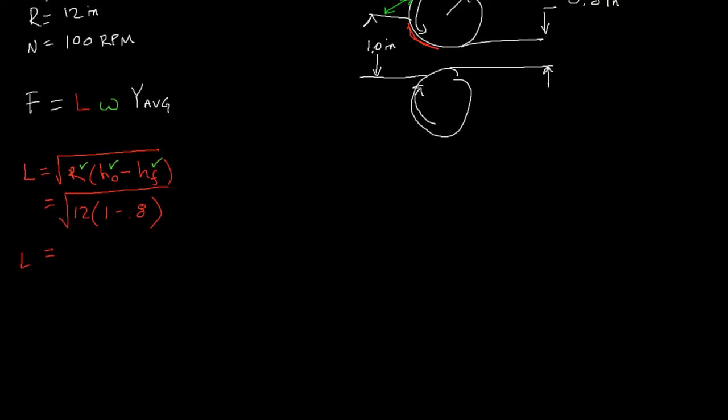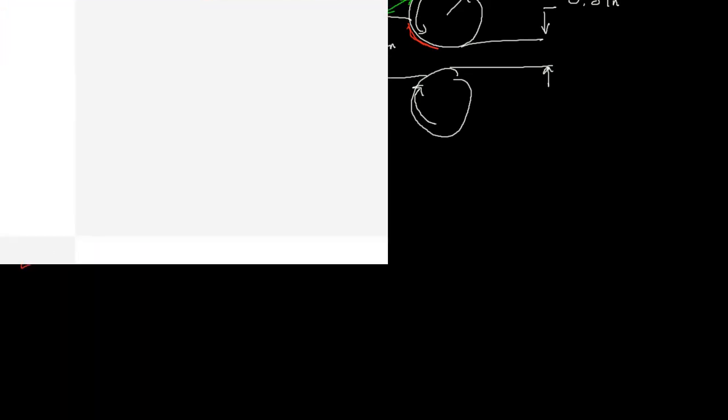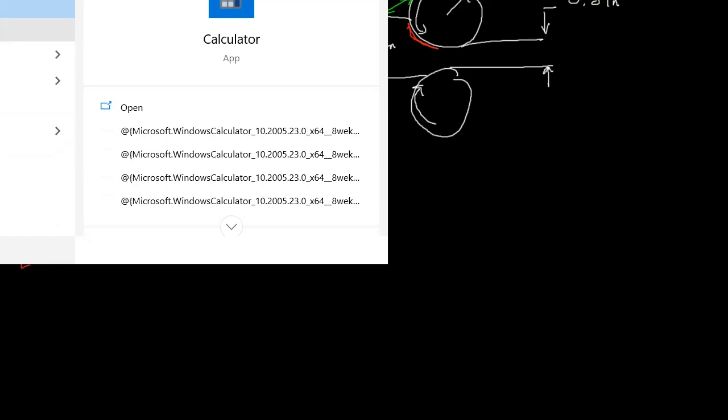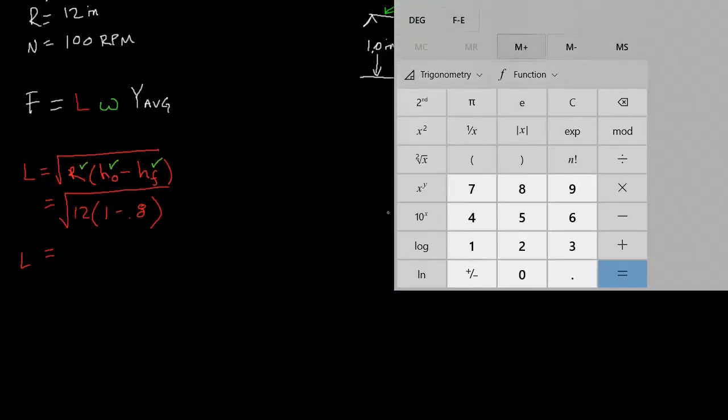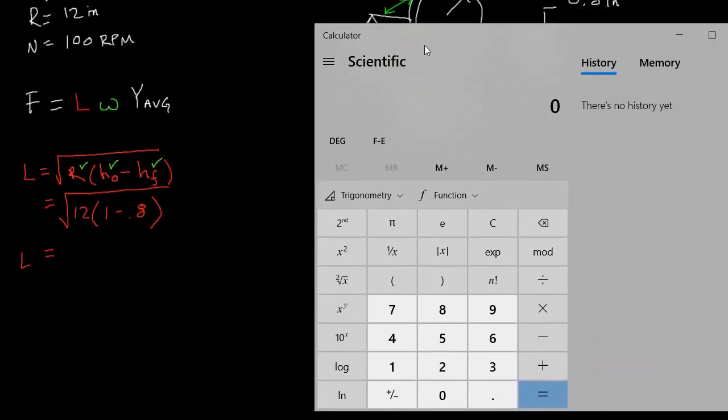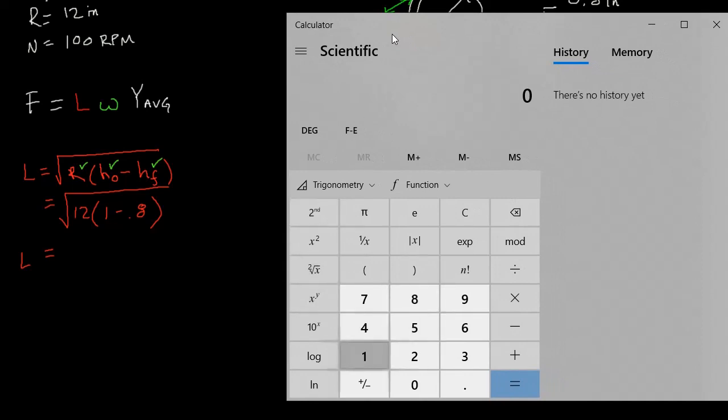So L is going to be equal to, let me pull up the calculator here. 1 minus 0.8 is equal to 0.2, times 12 is 2.4, and we want to take the square root of that.